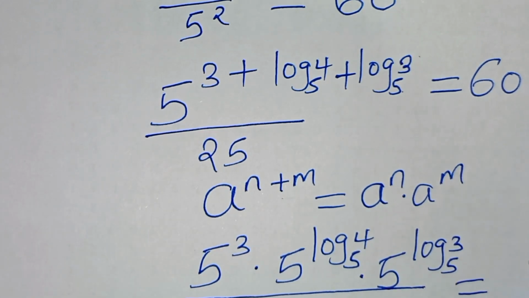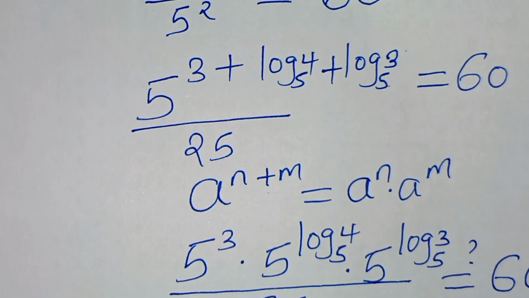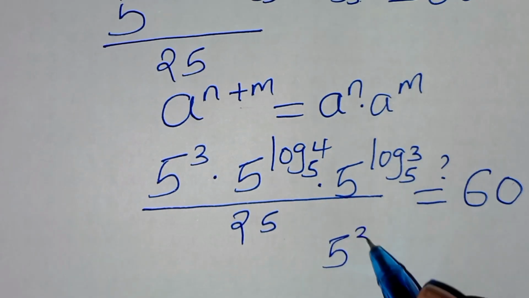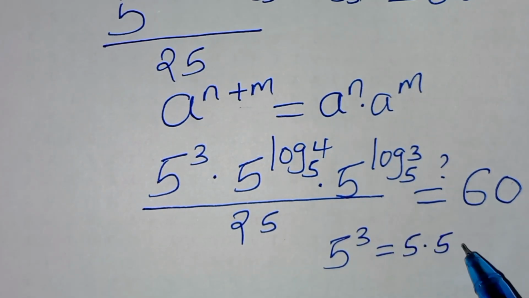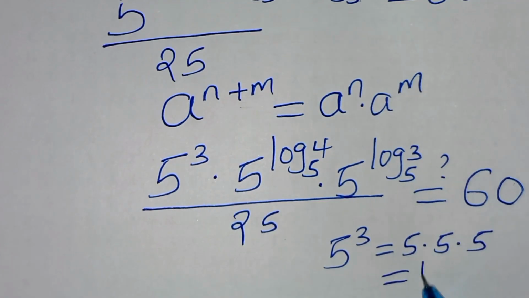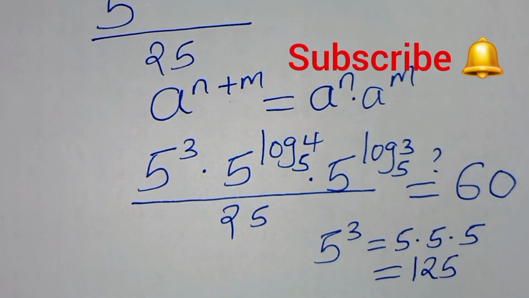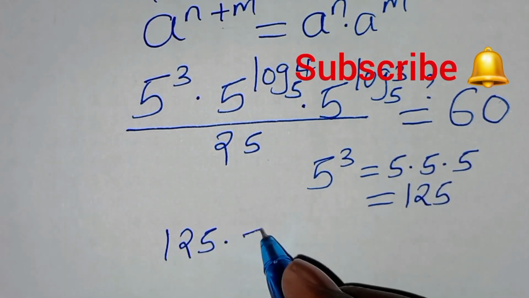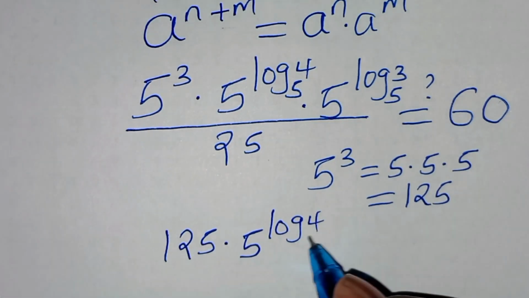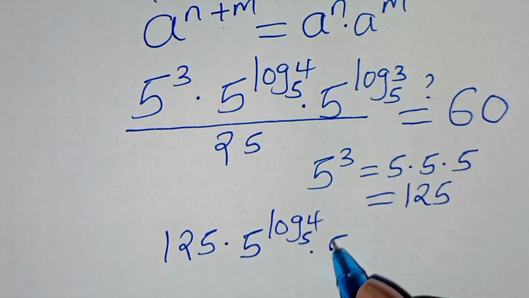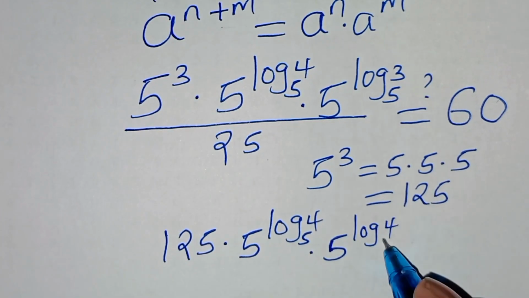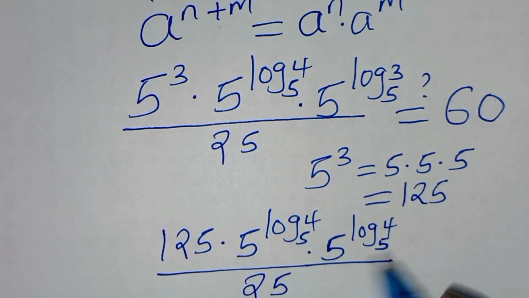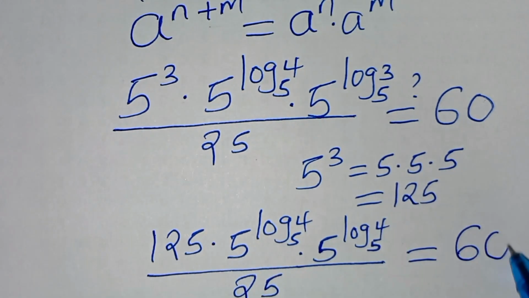This should give us a value of 60. Let's check if this is true. 5 to the power 3 is the same thing as 5 times 5 times 5, and this is equal to 125. So we have 125 multiplied by 5 to the power log 4 to base 5 multiplied by 5 to the power log 3 to base 5, divided by 25.